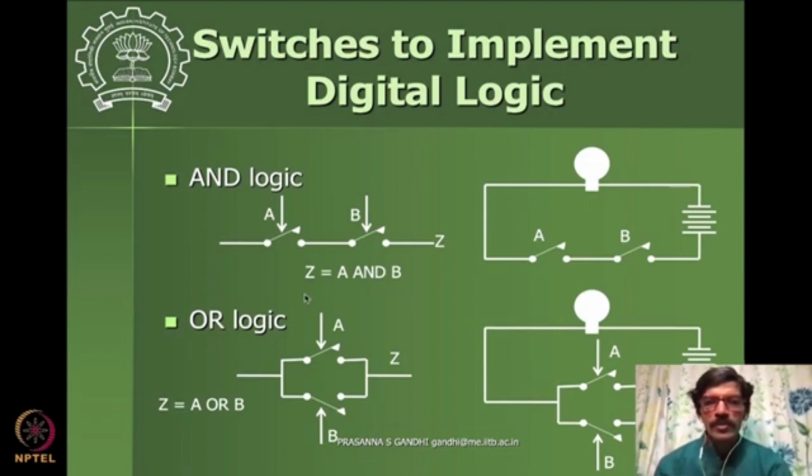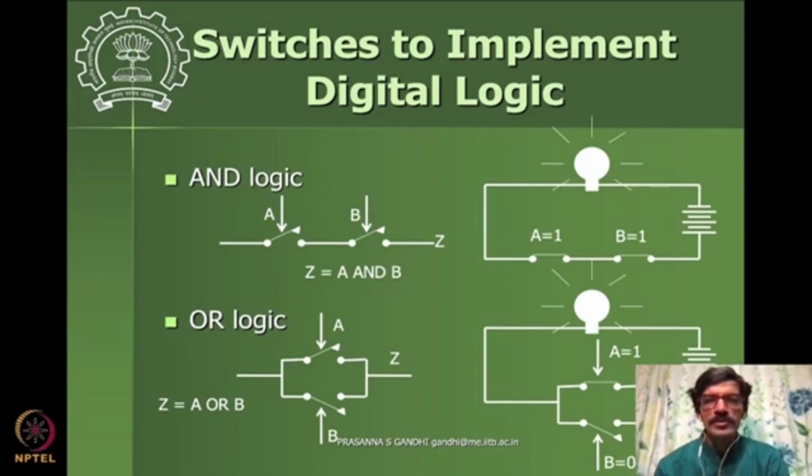A and B, both switches are on, then the light bulb lights, and that lighting of the bulb is called 1. Then you can have OR logic where the circuit is put in this kind of fashion. When A is switched on, or B is switched on, then also your light bulb glows. So this is AND and OR logic implemented, as you can see here.